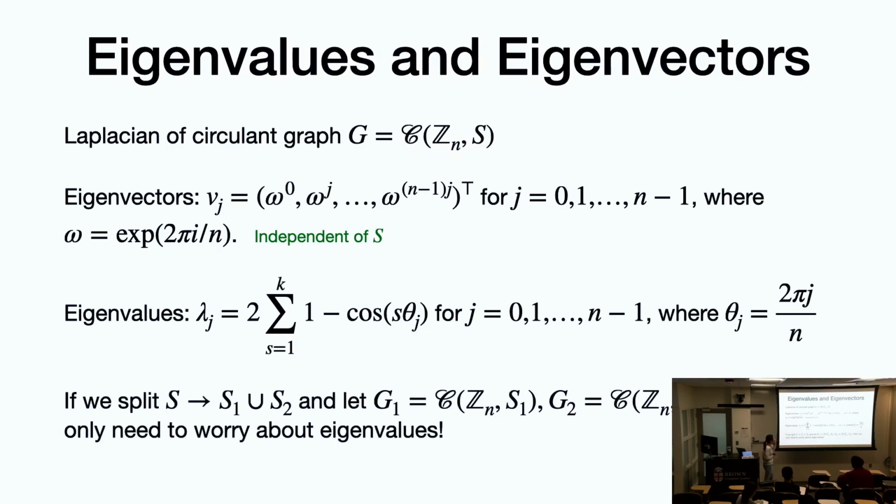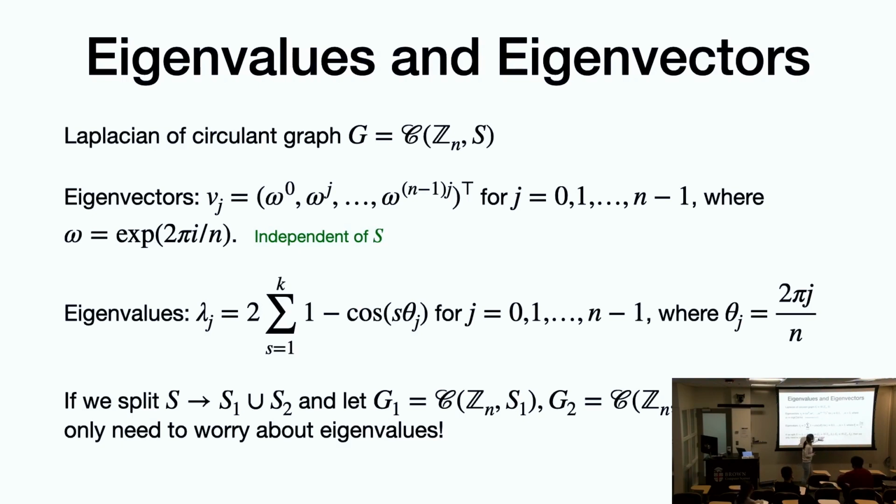Okay, if we want to split the generating set into two symmetric sets, S1 and S2, then we get a circulant graph G1 with generating set S1 and a circulant graph G2 with generating set S2.